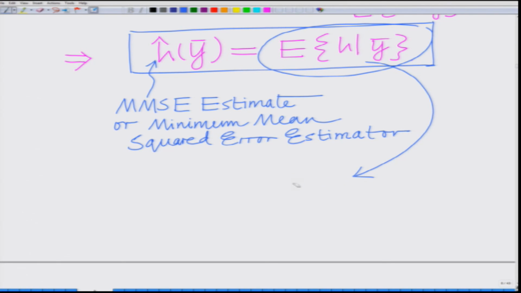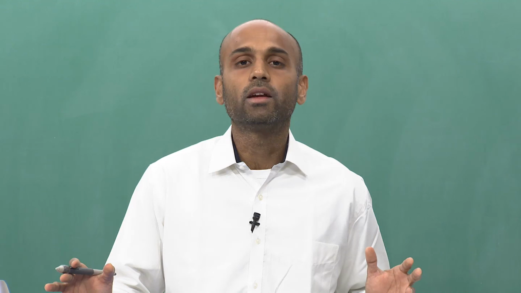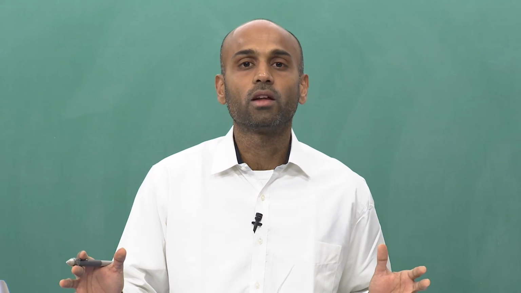What is this? This is your expected value of the parameter h given y bar, and therefore this simple and elegant result gives us the minimum mean squared error estimator.